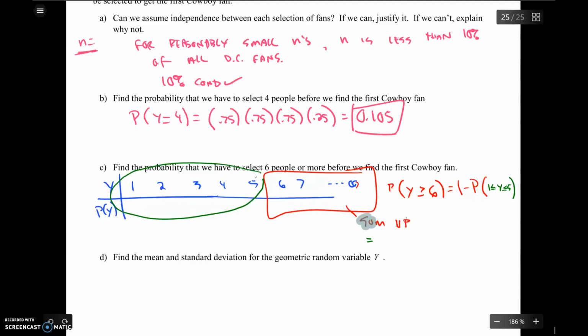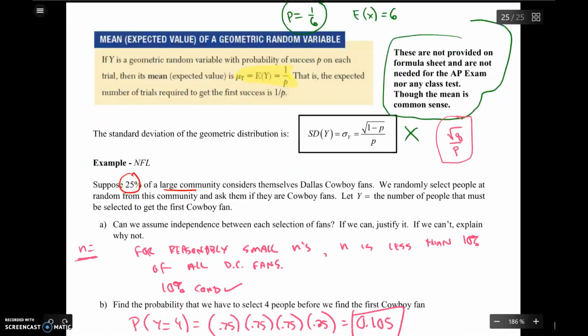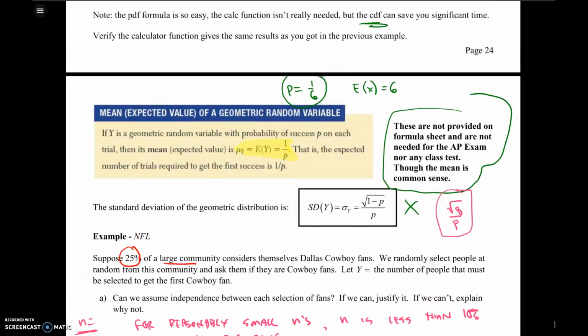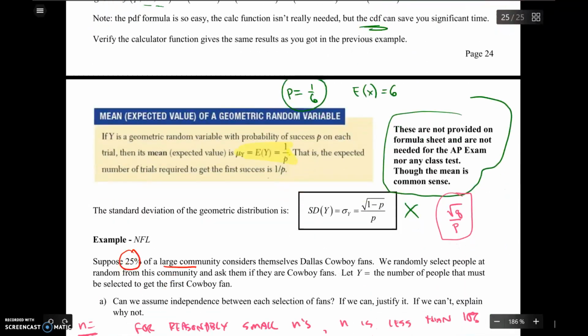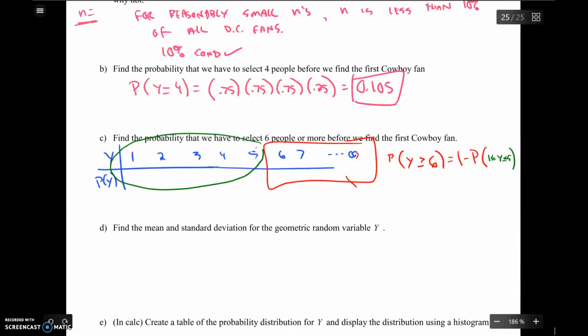But this is where the geometric CDF works kind of nice. The CDF goes from the lower bound to the upper bound. So let's just use that. This is going to be equal to geometric CDF. Probability of success is 0.25. Lower bound is 1.